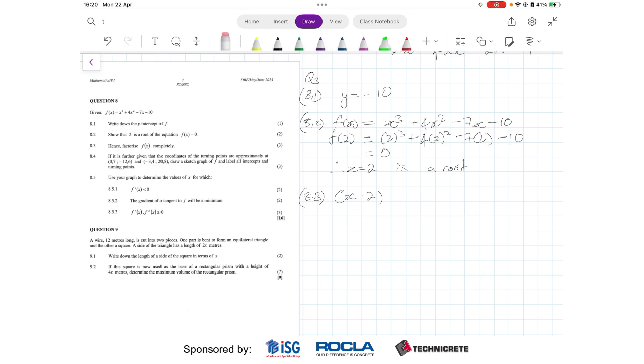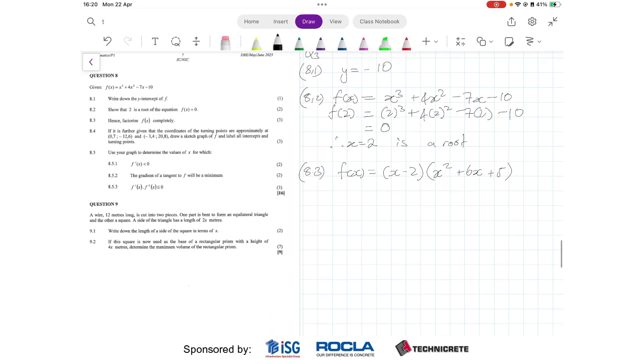Okay, so this means that f at x is equal to x minus 2 multiplied by some other trinomial. Okay, and this trinomial will be given by x squared plus 6x plus 5.